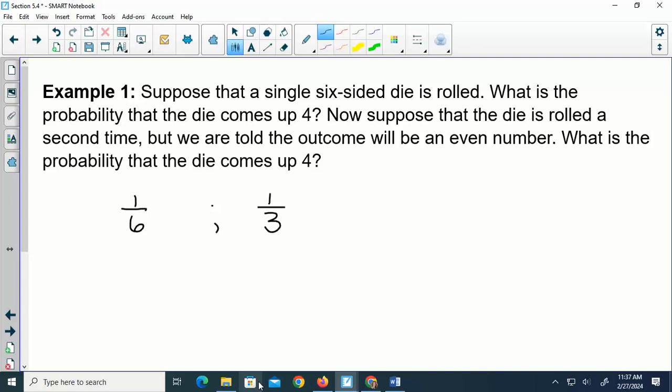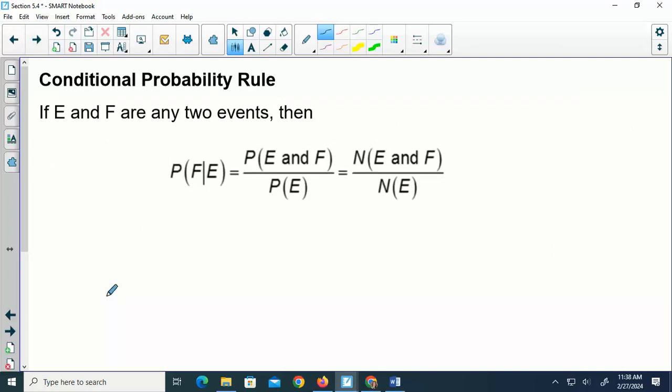When we find conditional probabilities, I think on your formula sheet, if you look at it, it has these and it has a couple options listed. So we are now on the back of the first page.